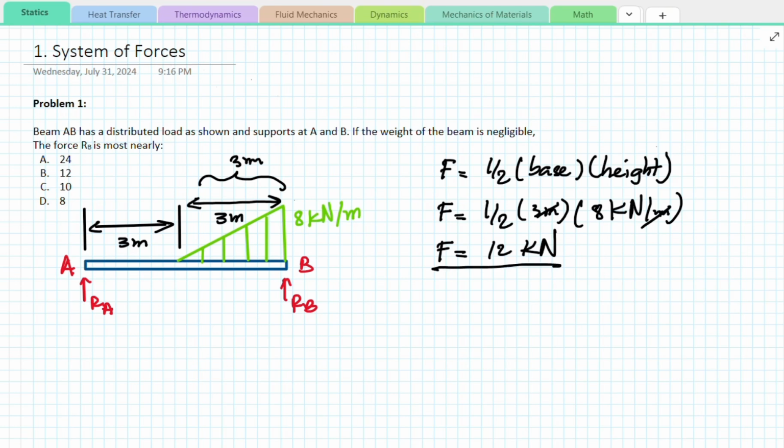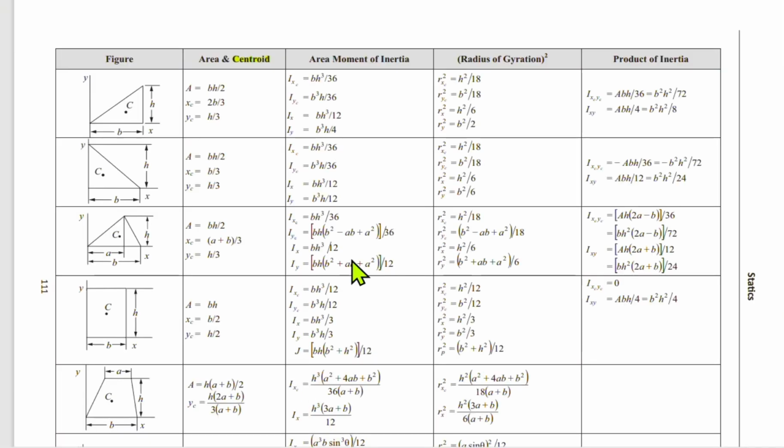So now that we've calculated the concentrated force, we would rewrite the beam in terms of that concentrated force. Since this is a triangle, we know that the concentrated force acts at the centroid of the triangle, which, if you open up the FE handbook, you can just search for centroid.